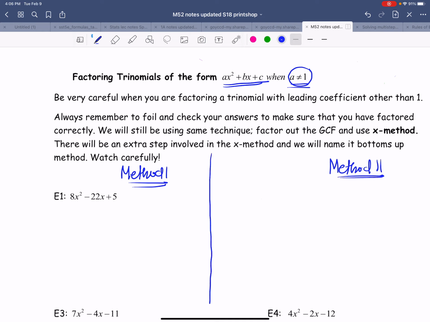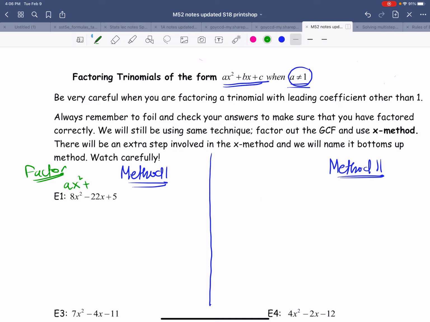Okay, some portion of both methods is exactly the same. All right, so let's check our first example, number 1. For method 1, the directions say factor. It's not solving an equation.